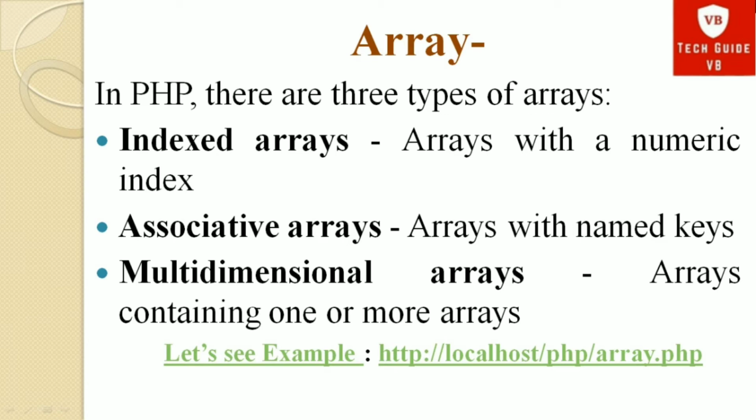Then the third type is multidimensional arrays. If you want to have multiple dimensions in one array, you can have that with the help of multidimensional arrays. So what is a multidimensional array basically? Arrays containing one or more arrays are called multidimensional arrays.